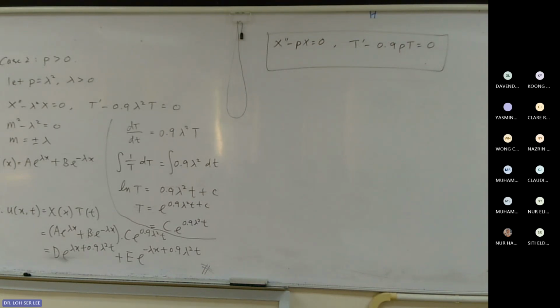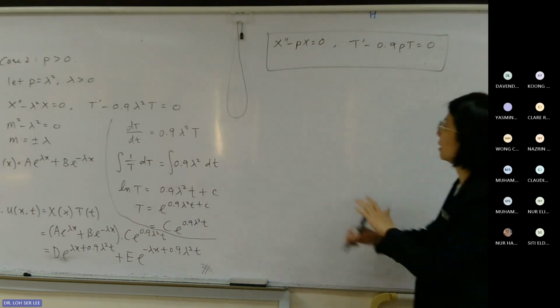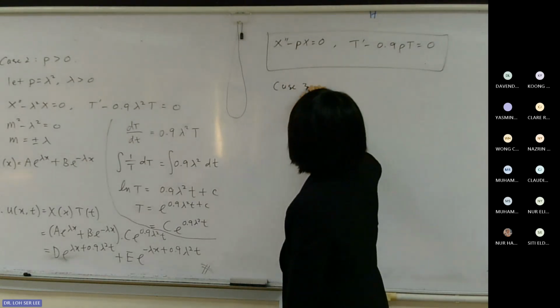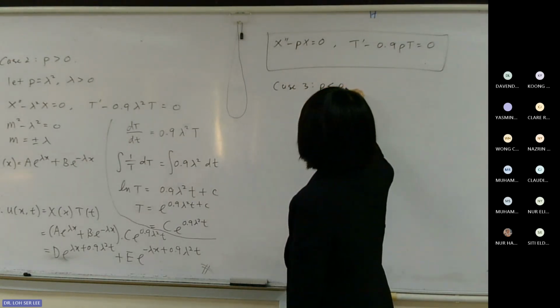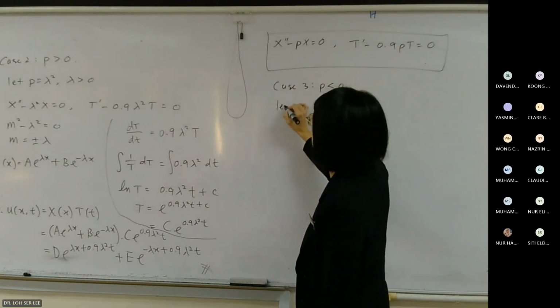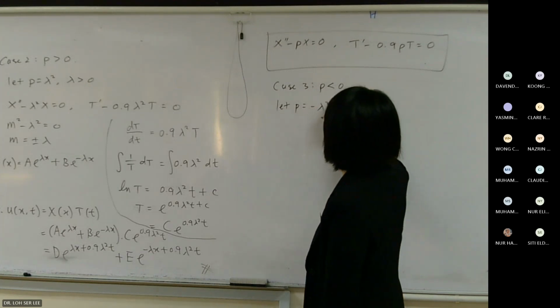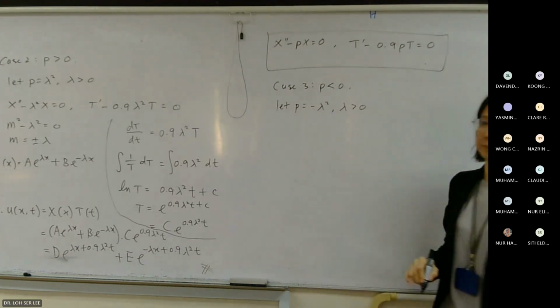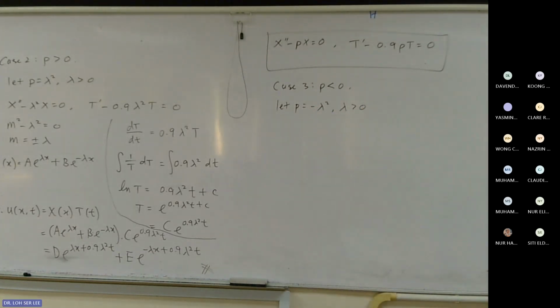Okay, and for the last case, case 3, P is less than 0. Try to substitute the P with negative lambda squared.